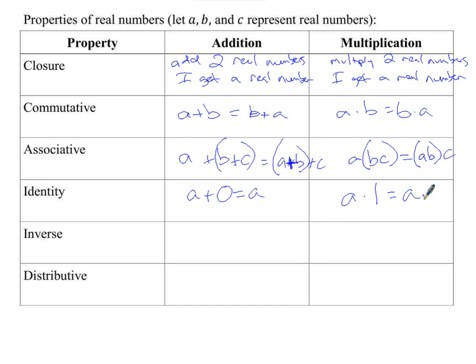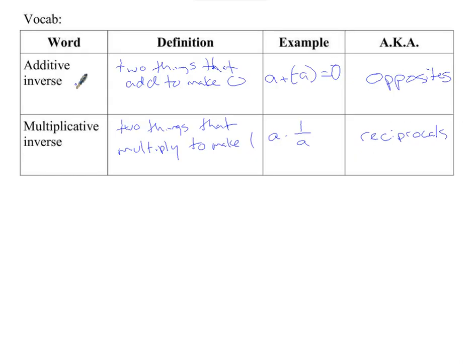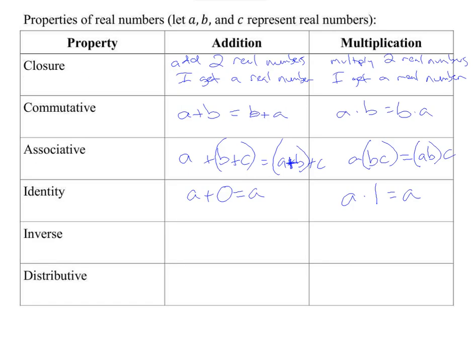If you go back to the previous page, additive inverse. So the inverse property of addition is A plus negative A equals 0. And the inverse property for multiplication is A times 1 over A gives me 1.